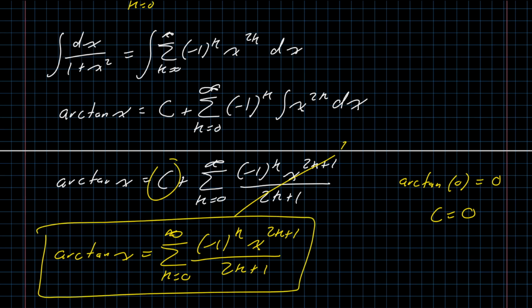And arctangent of x is the sum, k goes from 0 to infinity, of negative 1 to the k, x to the 2k plus 1, all over 2k plus 1. We've now derived another power series representation of one of the elementary functions.